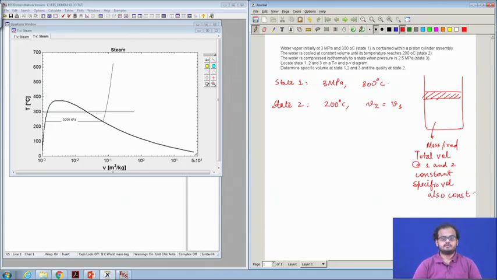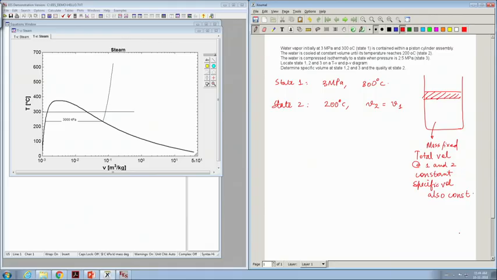So, that is the logic we will use. If the total mass is constant and the total volume is constant, then obviously specific volumes are equal, thus V2 equal to V1.